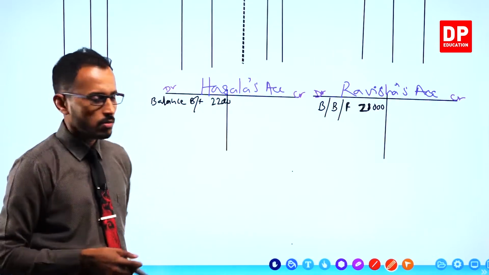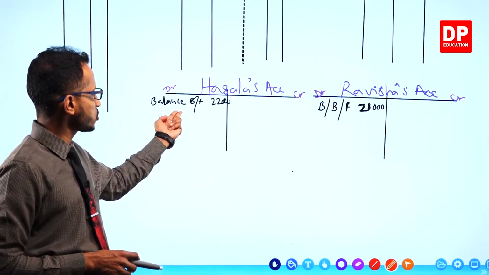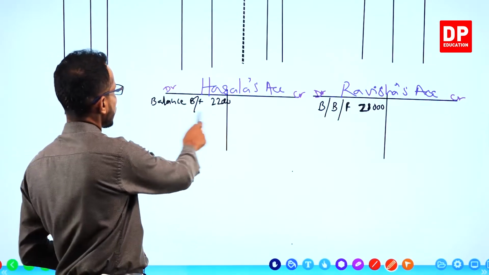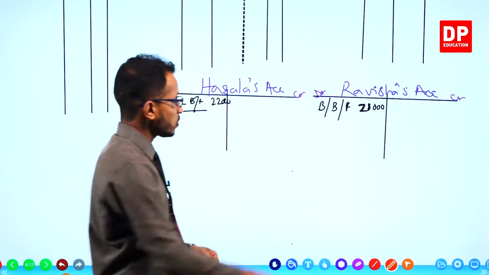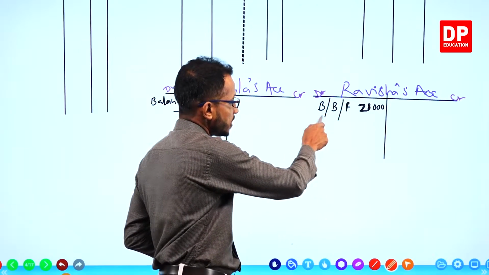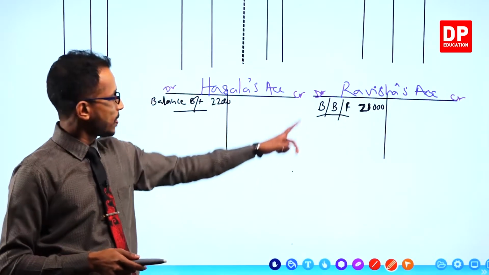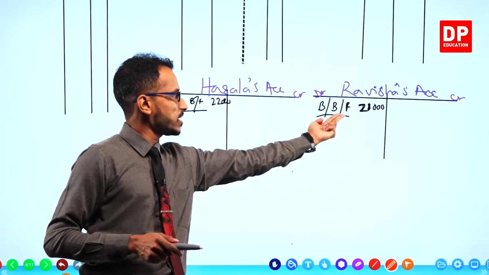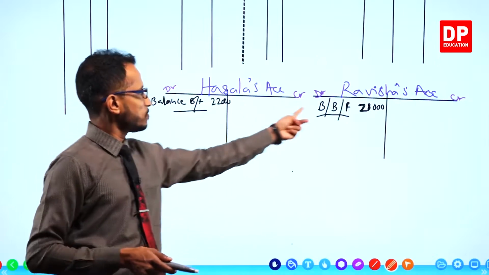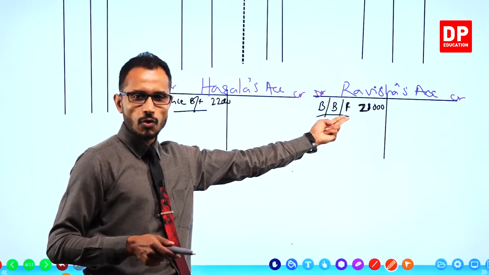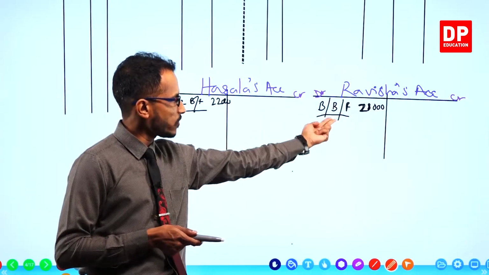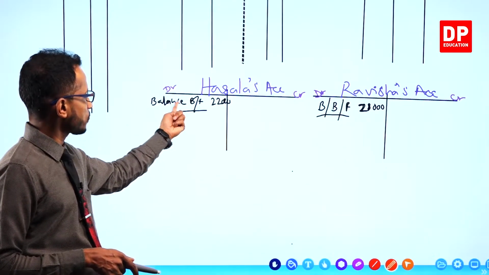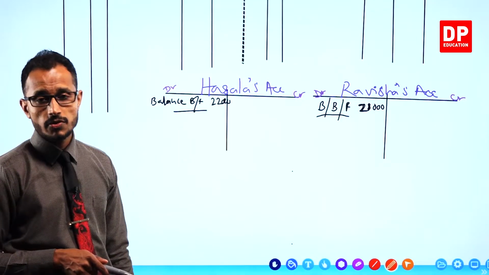Now, the students who are wondering why I wrote the word balance and BF here, and why I wrote BBF here likewise: children, this is the short form of balance brought forward. You can use this method, or it's better if you write balance and BF, brought forward.